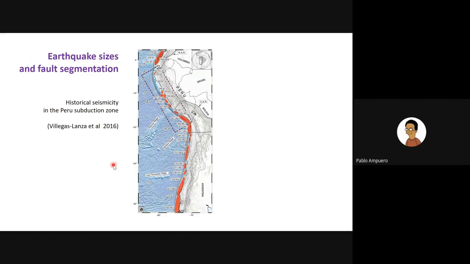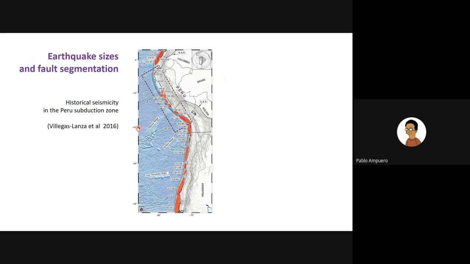Here's a map of part of South America, the Pacific coast of South America. I love to talk about this region because I was born and raised in Peru, and it's an area where very large earthquakes happen.